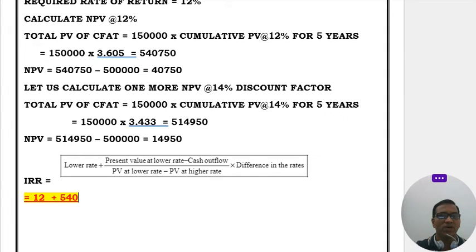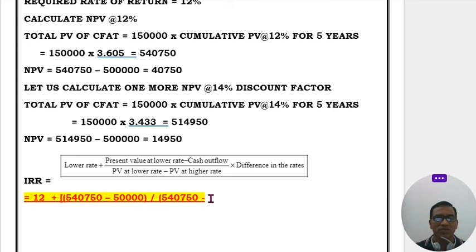I mean PV of CFAT: 540,750 minus cash outflow 500,000, divided by, again PV of CFAT at lower rate 540,750 minus, I'll keep in the brackets, no confusion, 500,000, sorry, and here PV at higher rate, that is 514,950, bracket close, this one multiplied with the difference in the two rates. The difference between 12% and 14% is 2.